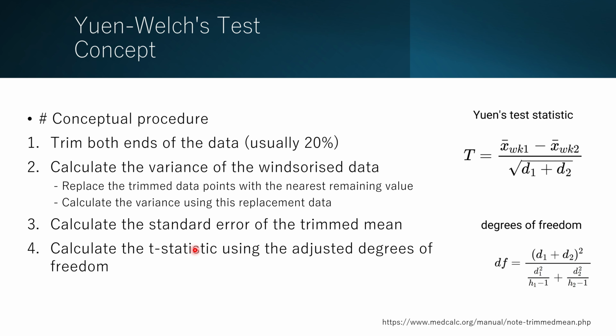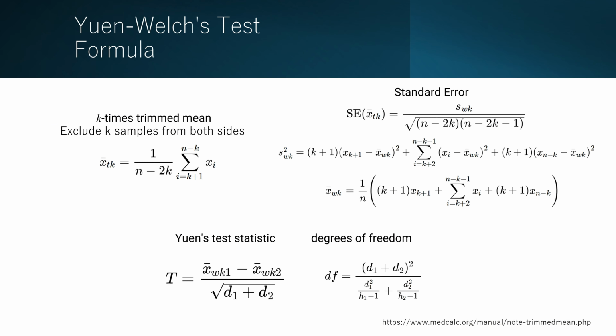Finally, we calculate a t-statistic similar to Welch's test, but we use the trimmed mean and the adjusted variance and degrees of freedom. In other words, this test is Welch's t-test performed on the trimmed dataset. The next slide is the formula like this. This slide is a bit complex. This is the math behind Yuen-Welch's test.